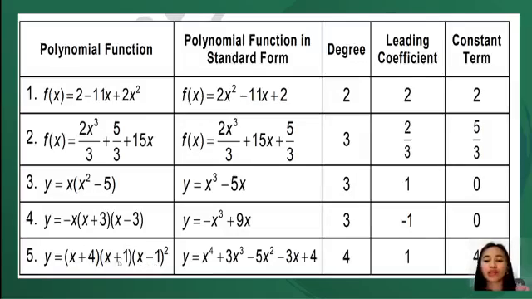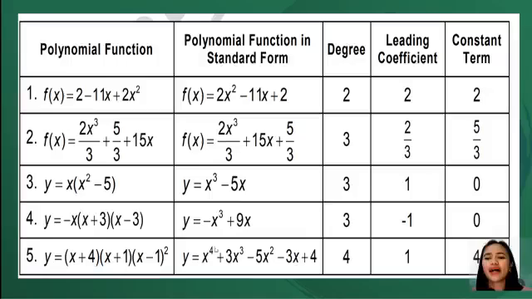So, we're going to multiply x squared plus 5x plus 4 with x squared minus 2x plus 1. If we multiply those, we can get y equals x to the fourth plus 3x cubed minus 5x squared minus 3x plus 4.